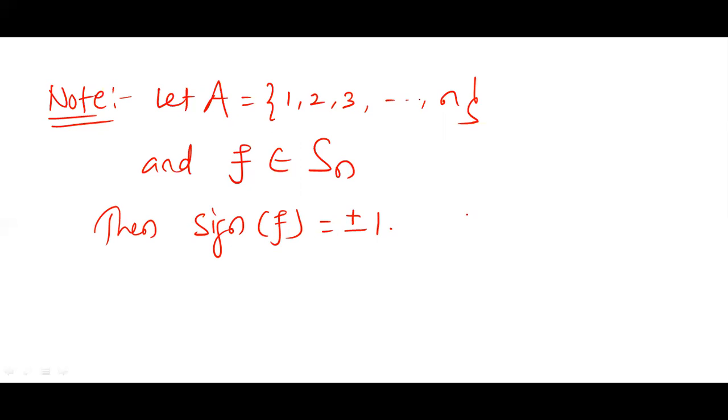The signature of any permutation is either 1 or minus 1. Okay.